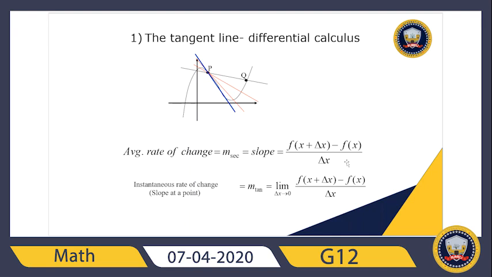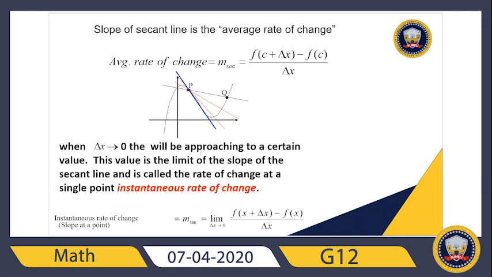Using this limit, we define the slope of the tangent line. While if we have a secant line like PQ, this is the slope of this line, the average rate of change.